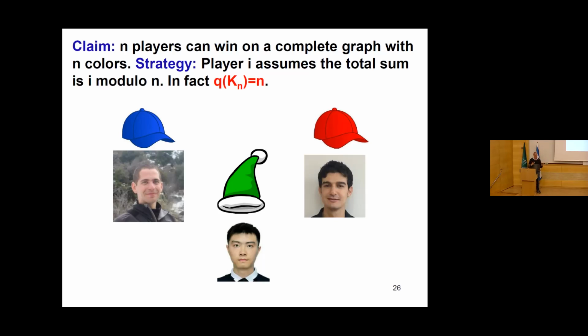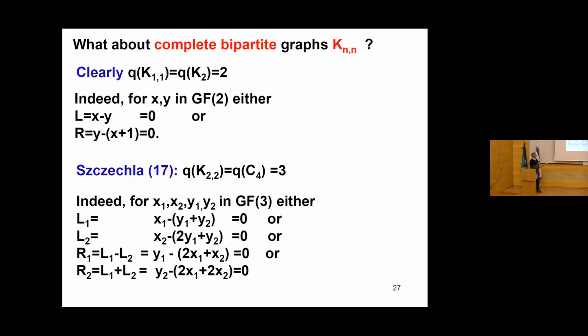And then people considered the same question for general graphs. So now we have a graph. Each one sees only the colors of the hats of his neighbors on the graph. We have a player on each vertex who has to guess his own color. And a complete bipartite graph looks interesting.